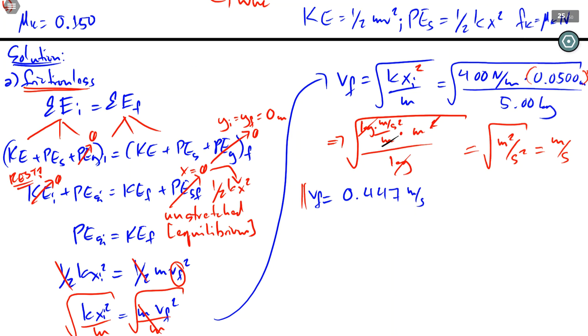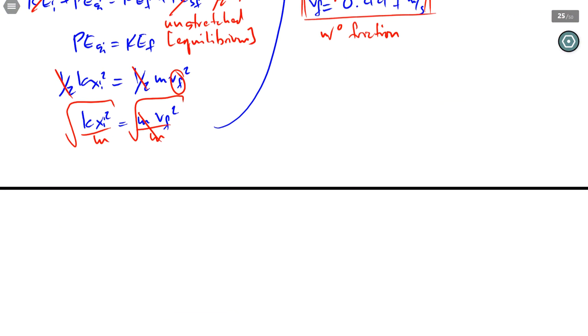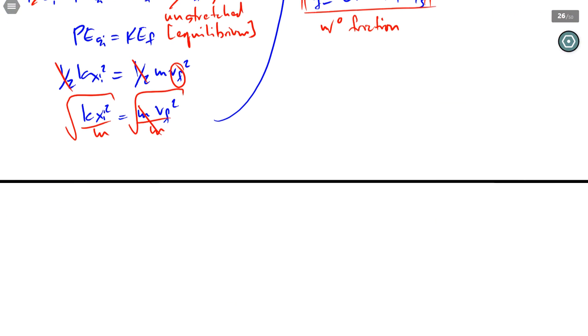That does not matter in this case, and this is without friction. Okay, so I'm going to pause here for a little bit to note that if this is the final speed without friction, with friction, do we expect it to be faster or slower? Okay, think about that as we go ahead and solve the next part.